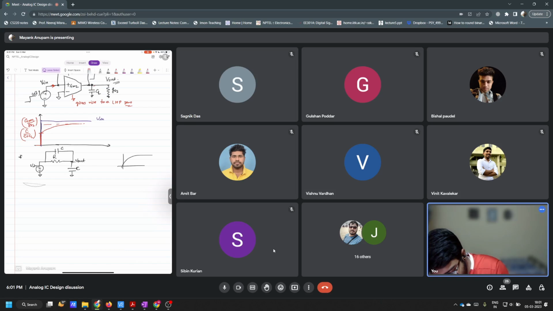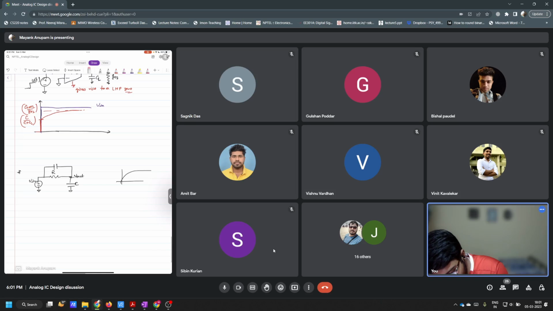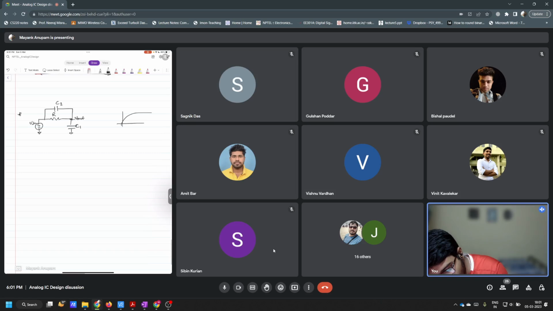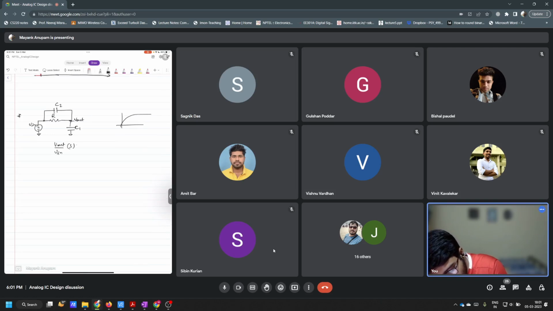So what happens when you do this? This is C2 and this is C1. I mean, what is the response? What is the transfer function between input and output, V out by V in?